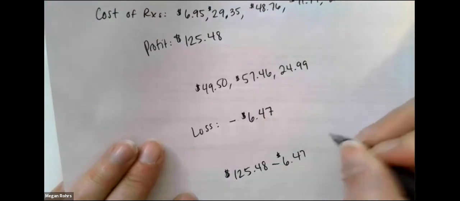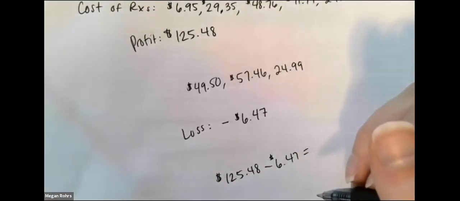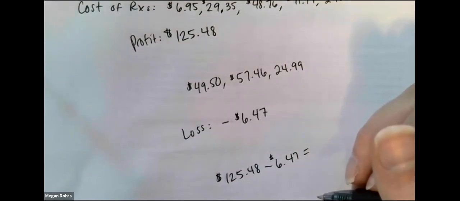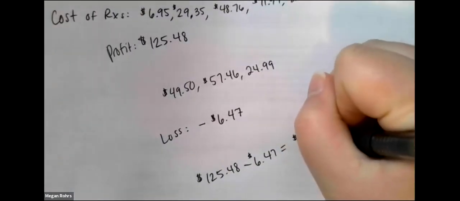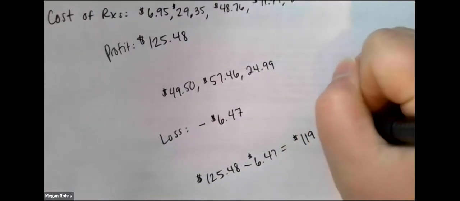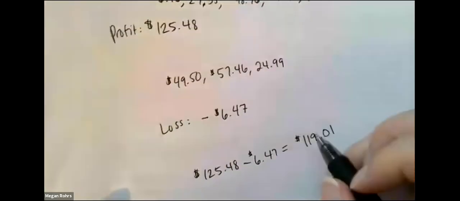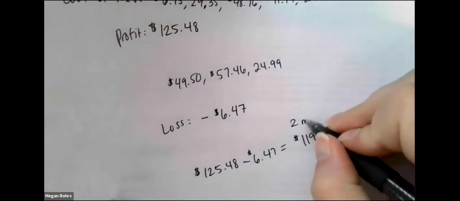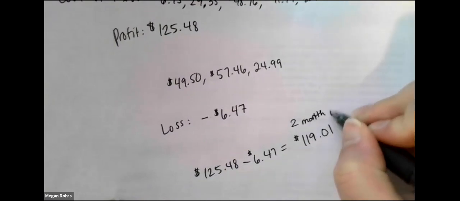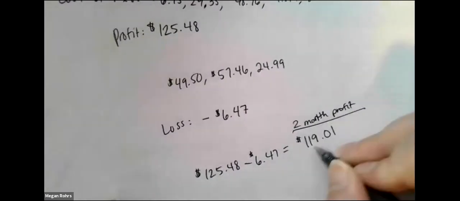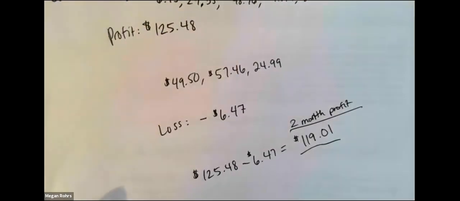So we could subtract out that $6.47, which leaves us with positive 119.01. So in the 2-month period, we made a profit of 119.01.